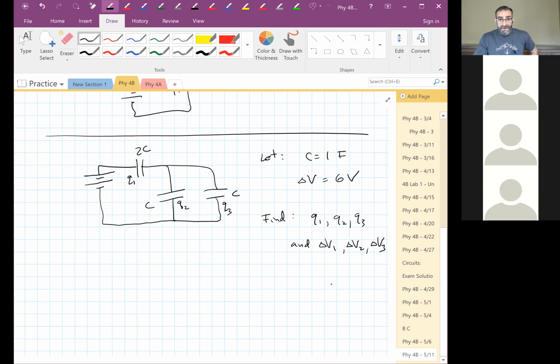So the first step is to get this down to one equivalent capacitor and figure out what Q and delta V are for that one equivalent capacitor. And then start stepping backwards and figuring things out as you go.